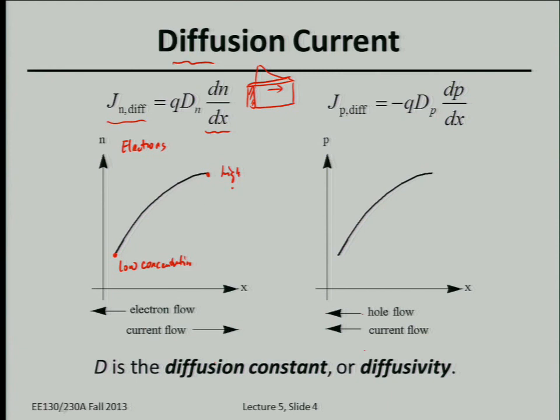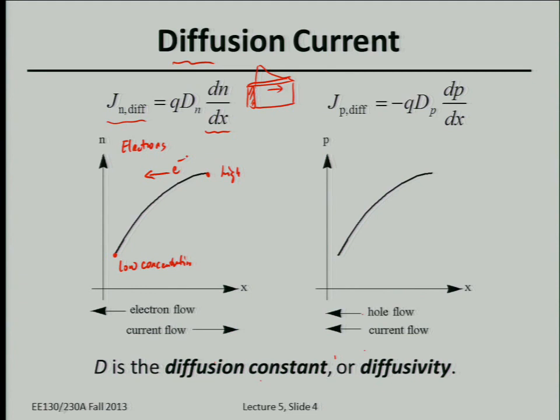Think about the gradient here: all the particles tend to diffuse from the high concentration end to the low concentration end, okay? So if you keep track of the majority of the electrons' motion, they tend to move from the right to the left, in the negative direction, if we define the positive direction as to the right.